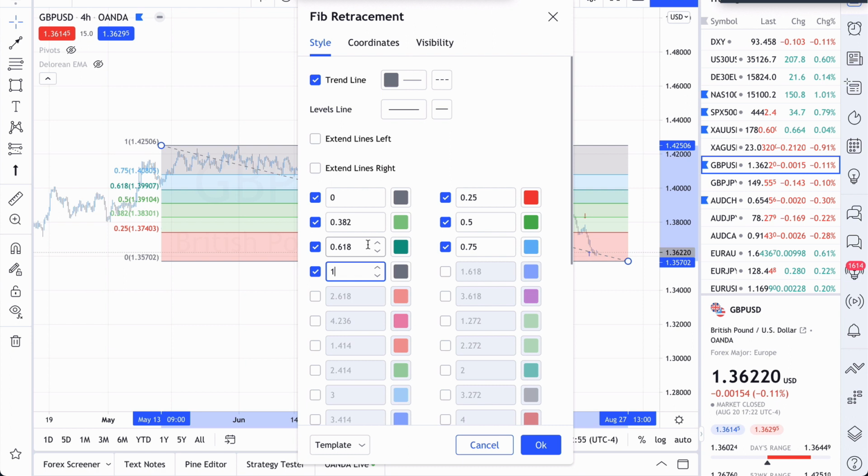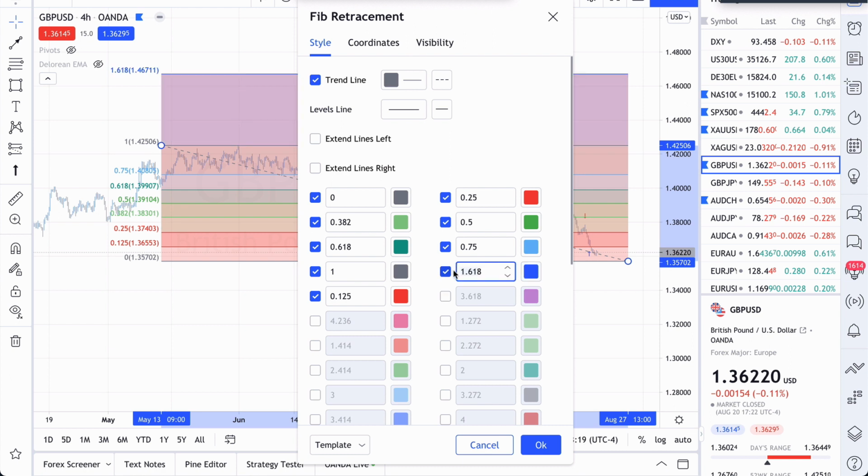Me personally, I add quarters of quarters, which means I'm splitting the quarters in halves. So I will add, just for me personally, 0.125. And then I will add 0.875.